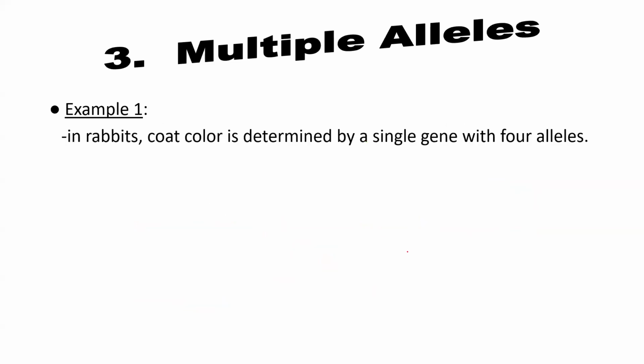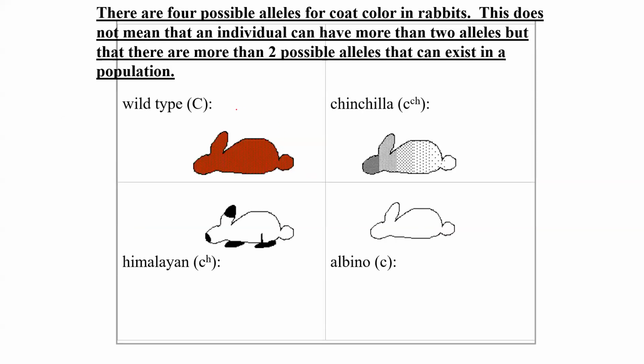All right. So another example here, as it says, is rabbit coat color, which is determined by a single gene with 4 alleles. You have the wild type, which is sort of a reddish brown, and of course it's written as a capital. You have chinchilla, which is sort of a mottled color.